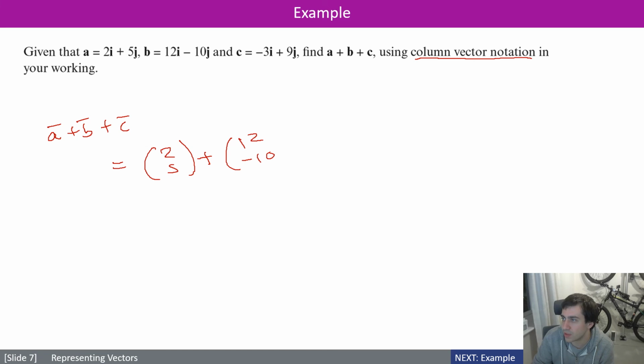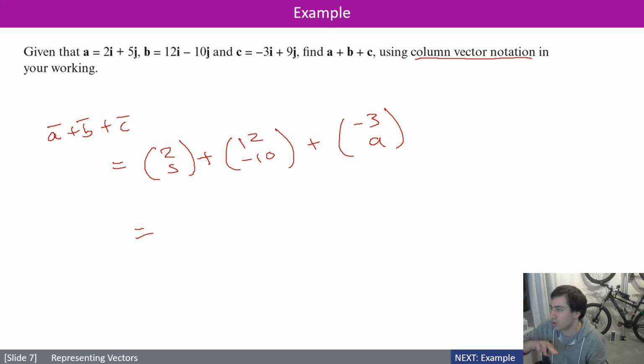B is 12, minus 10. C is minus 3, 9. And then just add up the numbers in each row, the two rows, the x and y. So we've got 2 plus 12 minus 3 is 11, and 5 minus 10 plus 9 is 4. That's it, done.